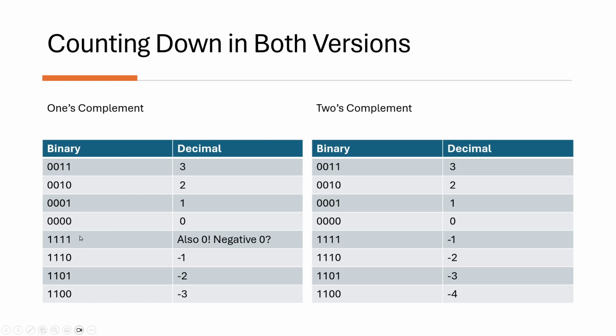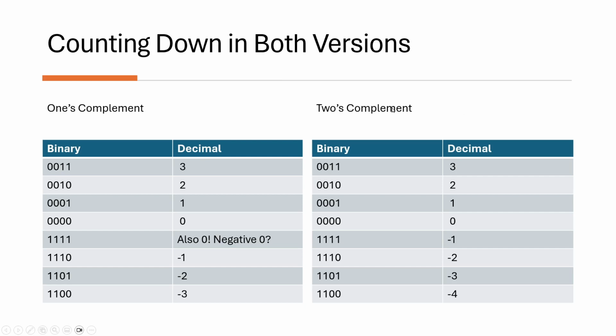We have two different representations for the number 0, and that could give you some problems with comparison and so on. If you wanted to subtract and figure out if the result is 0, you may have to do two different tests in order to determine if that number is 0.